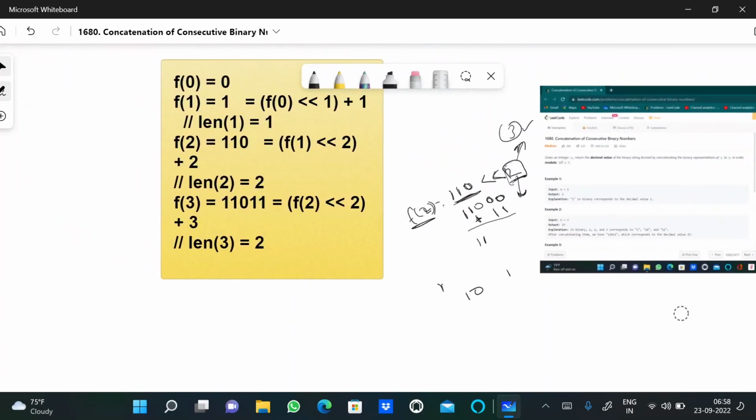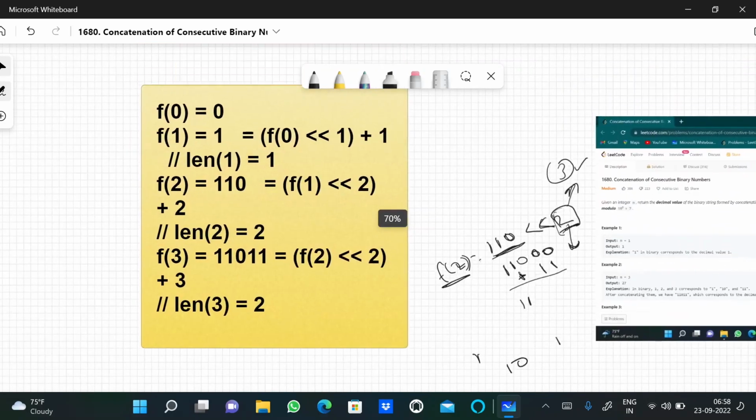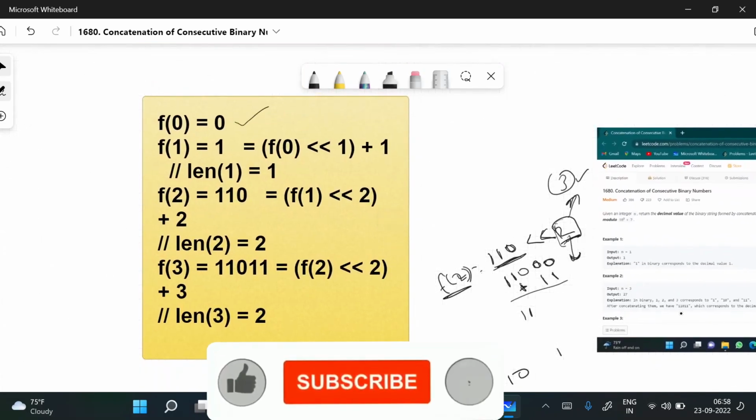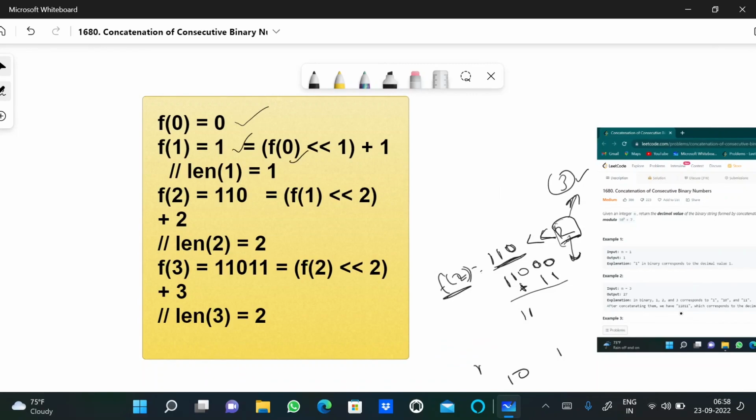So now we can find the number of digits. Here in this example, f of 0 will be 0. For finding f of 1, we will do f of 0 left shift 1, because we need to add 1 at the end, and length of 1 is 1, that's why we left shifted 1 time.